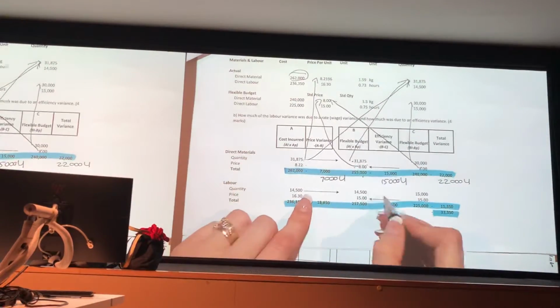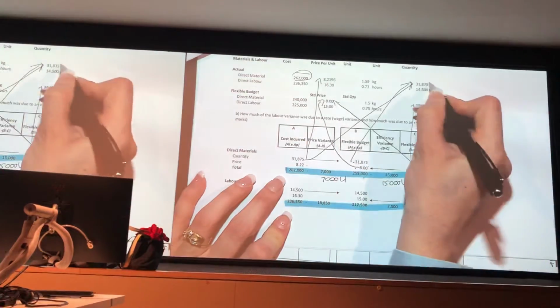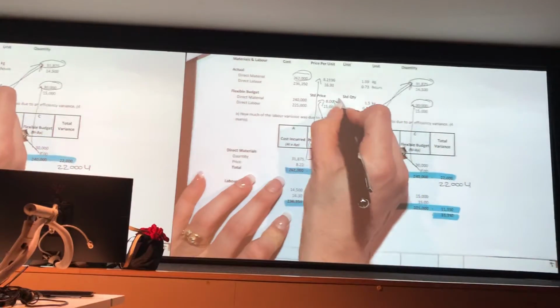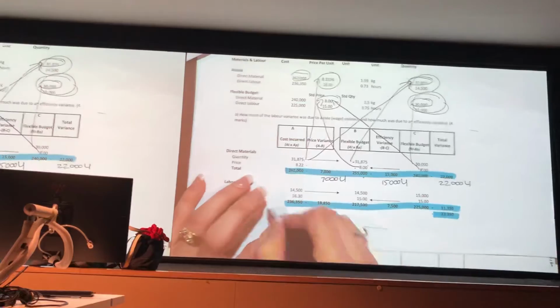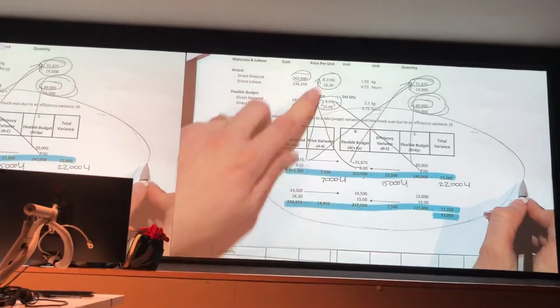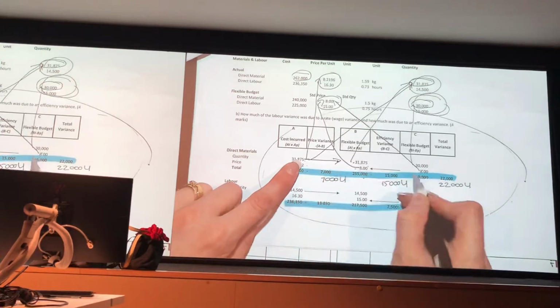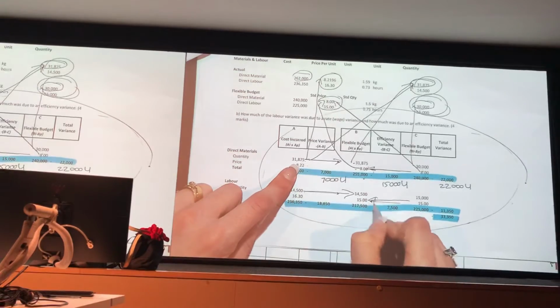The most important thing to remember here is basically if you have these numbers, you can do this. That's what you need. You transfer that one across here, you transfer that one across there, that one there. So it's the same information.